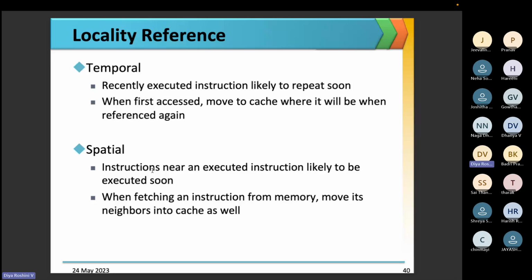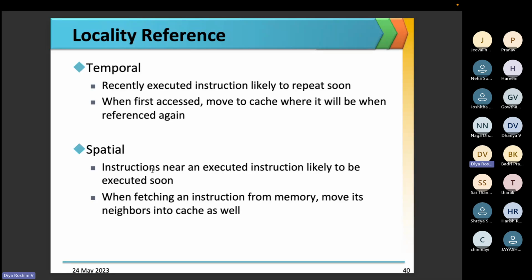So if I bring this instruction close to my processor in the cache, I am going to reduce a lot of time by not going back to the main memory again. So time acts as the reference. When the instruction is asked at another instance, we keep it close by, because I might need it again. It's the same instruction, so I'm keeping it close by. That's what I mean by temporal locality.